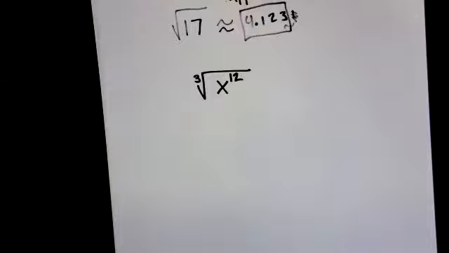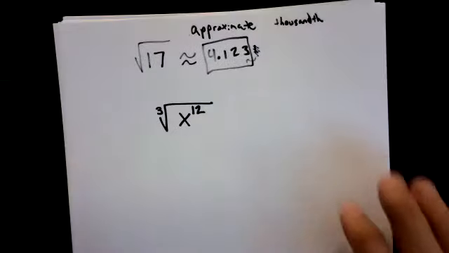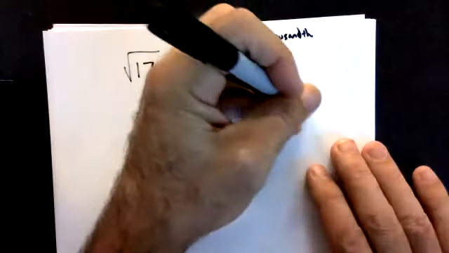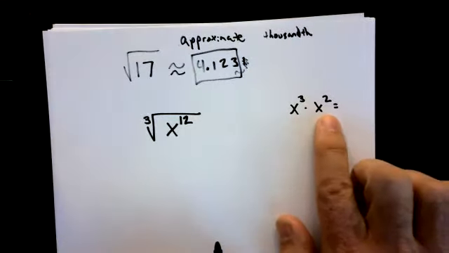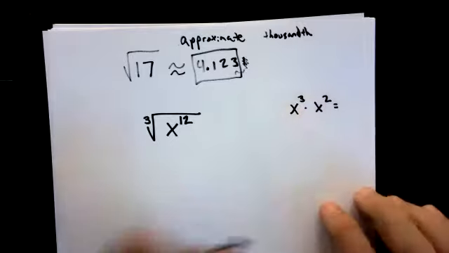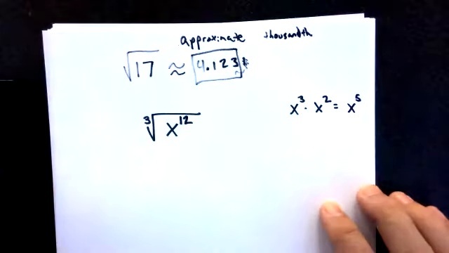Remember, this is based off of those power rules. I'm going to remind you, remember when we multiplied exponents of the same base, the shortcut was to add those exponents together.